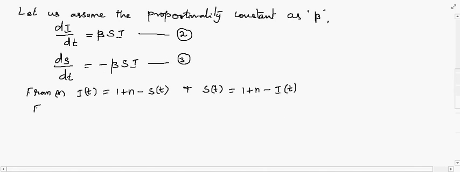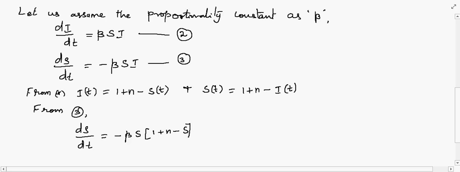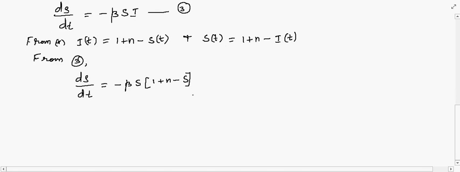Now from 3, dS by dt equal to minus beta into S into I of t, I am going to substitute. So 1 plus n minus S. I will take that as equation 4.